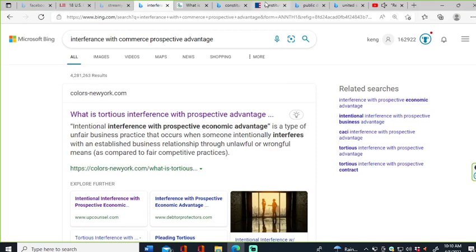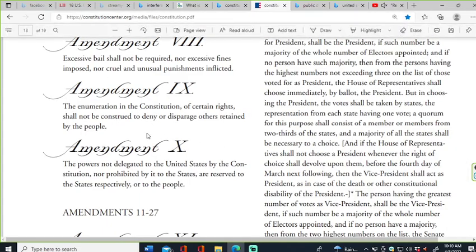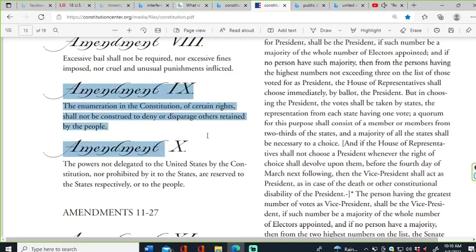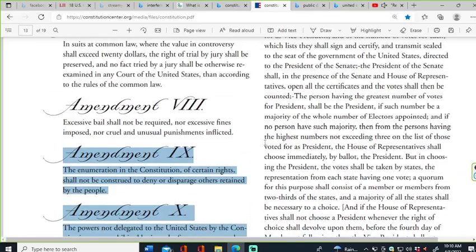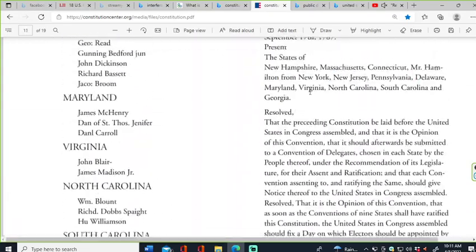A lot of y'all need to understand the Constitution as it relates to this topic that I'm going to bring up. You need to understand this as it relates to this document, the United States Constitution. And what is this?